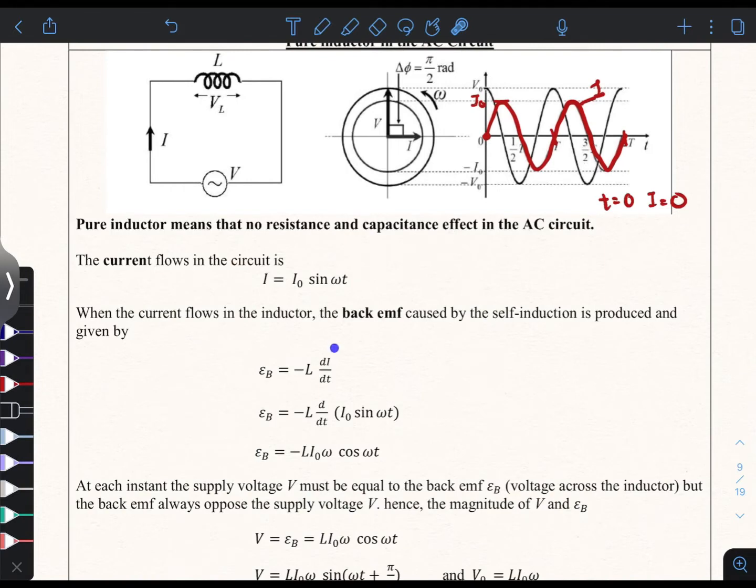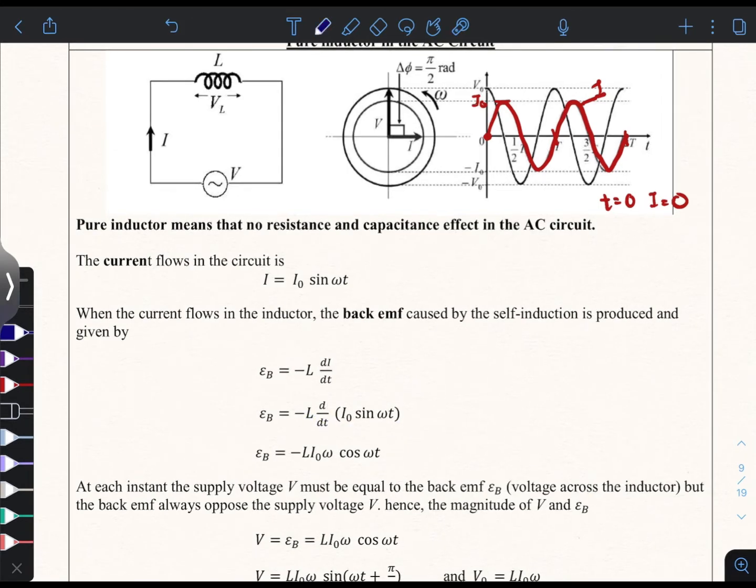Our I here is I naught sine omega t, so we are going to substitute it inside here. We have negative L d of I naught sine omega t over dt, and we are going to differentiate this expression with respect to t.